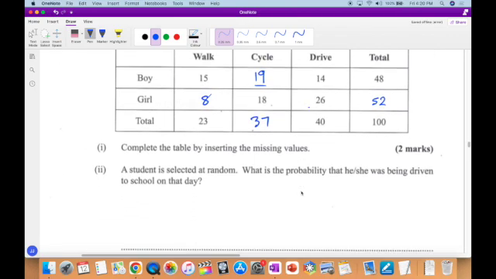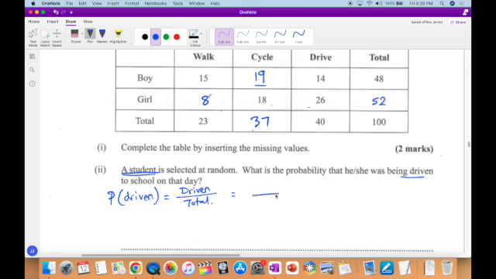A student is selected at random. A student, not boy or girl, but a student. So out of 100 students, what is the probability that he or she is being driven? The probability of being driven would be the number of students that are driven over the total number of students, because we're not talking about boy or girl, we're just talking about student.